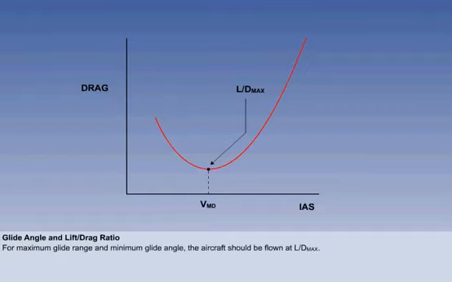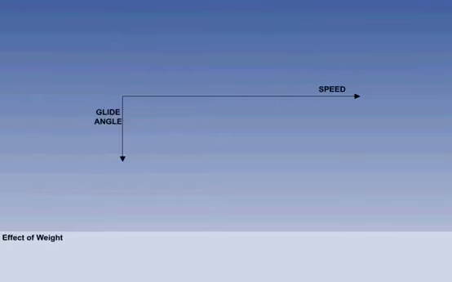It is important to remember that at speeds above or below VMD, the glide angle will be steeper. So, the maximum distance in a glide will be achieved when the aircraft is flown at its maximum lift-drag ratio at VMD. The maximum lift-drag ratio is independent of weight.